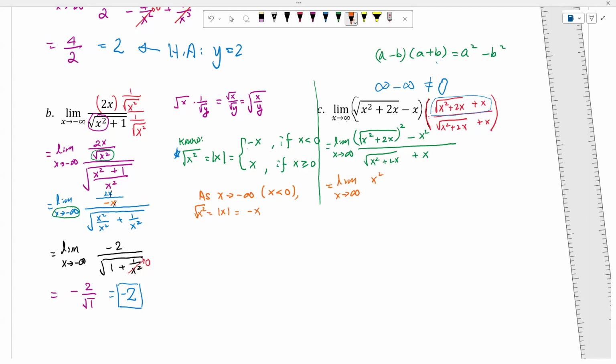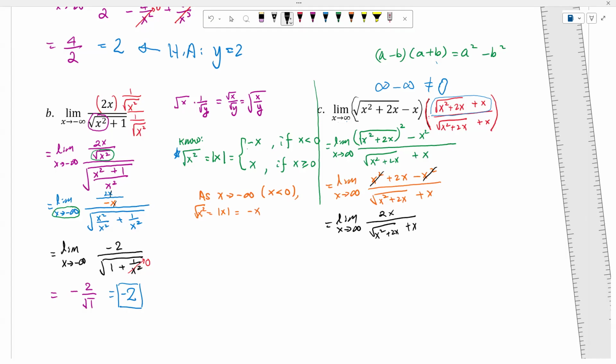So I have x squared plus 2x minus x squared over the square root of x squared plus 2x plus x. I will have 2x over the square root of x squared plus 2x plus x.